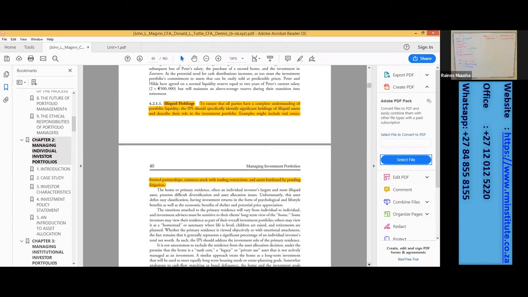So whenever you're preparing your investment policy statement, you also need to distinguish between investable assets and non-investable assets. Because remember, in most cases, those assets that are investable but not easily converted into cash, you need to state them as part of your illiquid holdings.